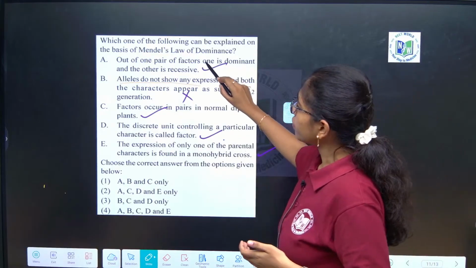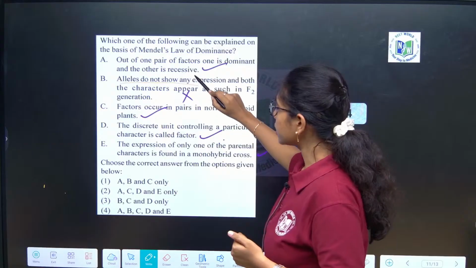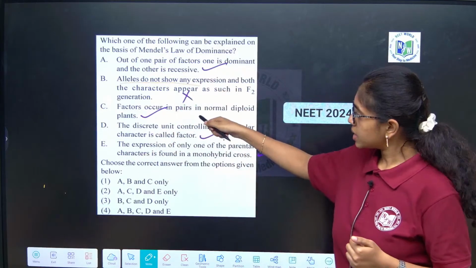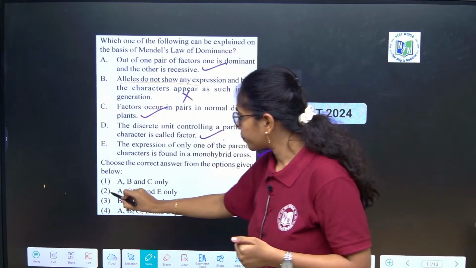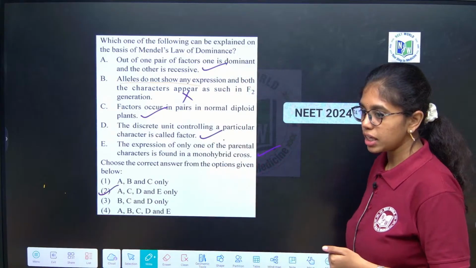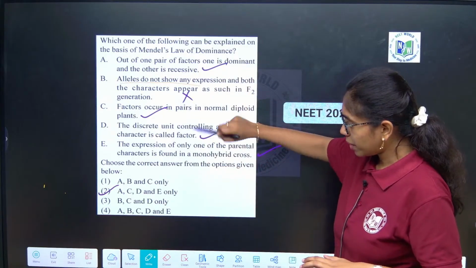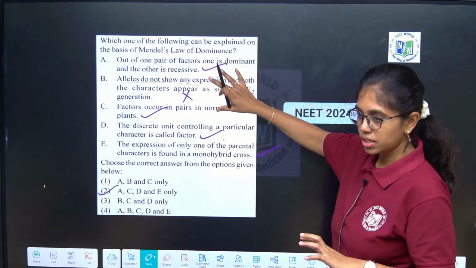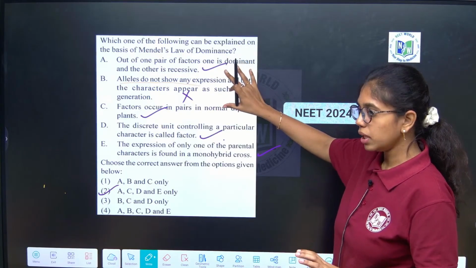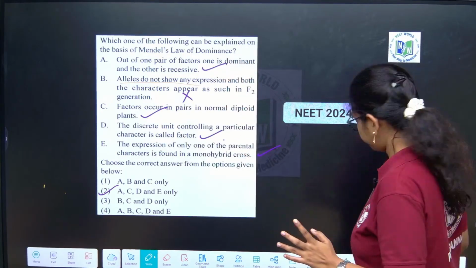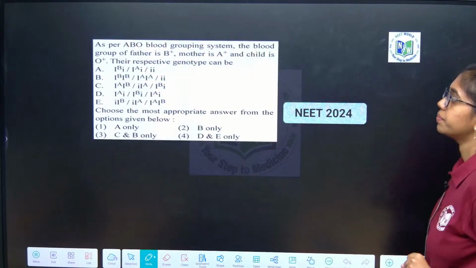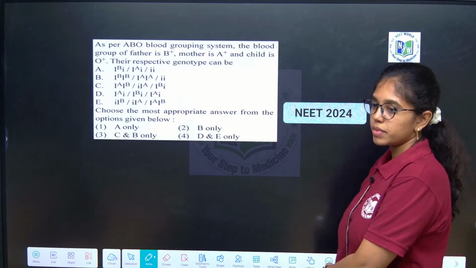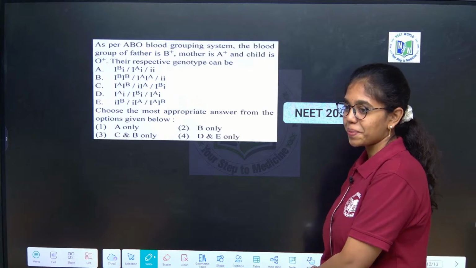So, now if you have to pick out the correct options, it is A, C, D and E. Fine, easy. So, whenever statement based questions come, look into each statement properly, then you can analyze, ma. Now, again blood grouping, this time you have to do and tell me.